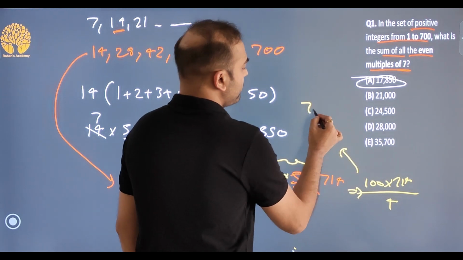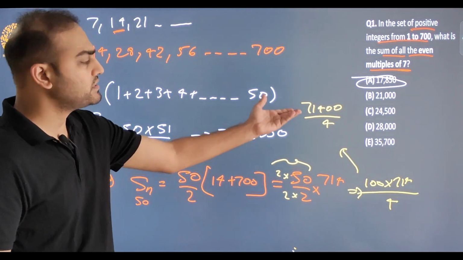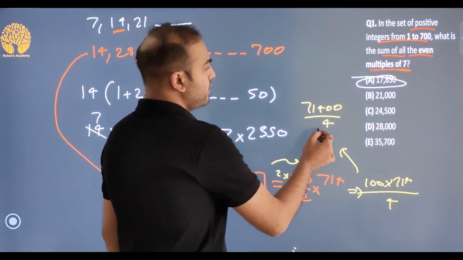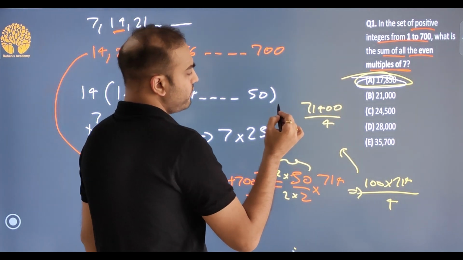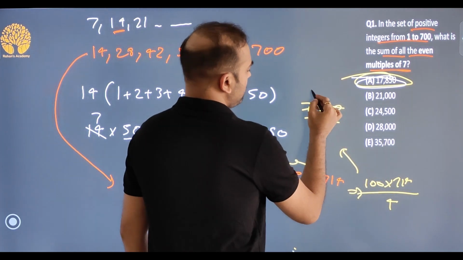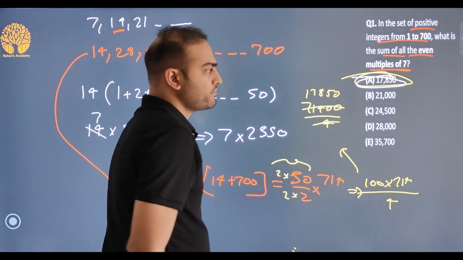Anything into 100 is you just add 00. Now all I have to do is just divide by 4, right? Just divide by 4. You do that, this is 17,850, right?